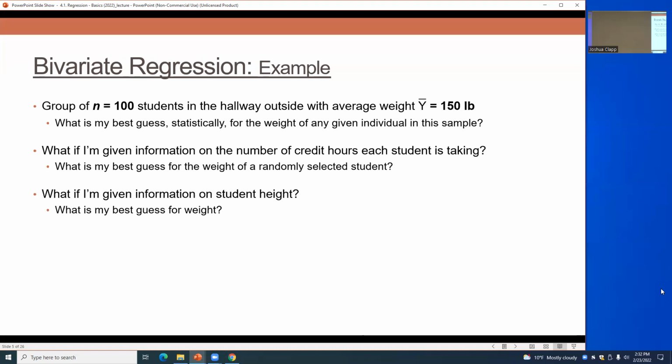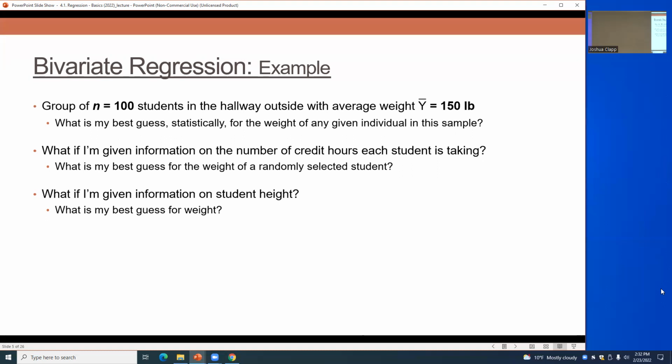Now, what about if I grab a third student and I say, Sam, I've got this student. I need you to tell me what their weight is. This person is 6'2". What's your guess going to be for their weight? Do you know something about the relationship? You don't know anything about the relationship between height and weight? A little bit, like if height goes up, you probably have a better chance.